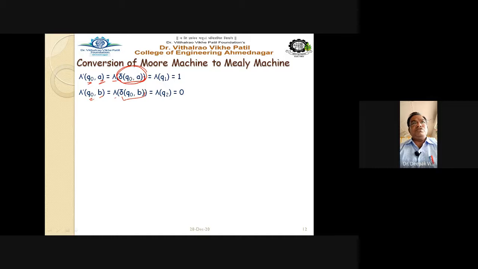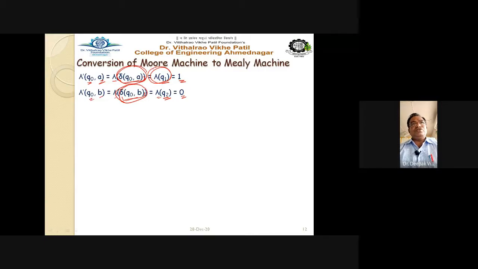You can find that delta(q0, a) is nothing but q1. Once you find this q1, you have to find lambda(q1), and lambda(q1) is nothing but 1, right? Then delta(q0, b) is q2, and the lambda value of q2 is 0, which is already given in the transition table or the transition diagram. Getting this point? All these things are given.